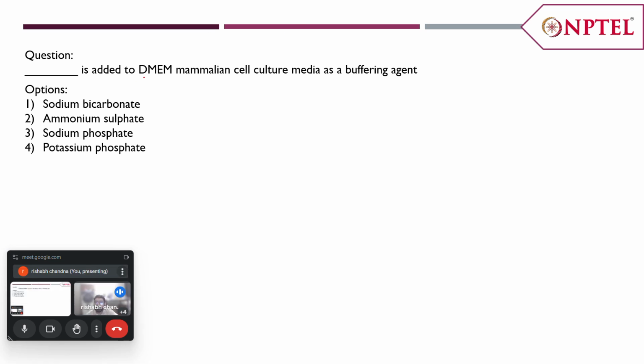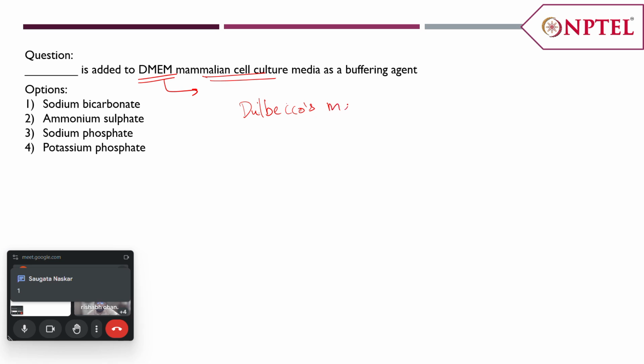DMEM is a medium that is widely used for growing mammalian cells in in vitro conditions, and its full form is Dulbecco's Modified Eagle Medium.